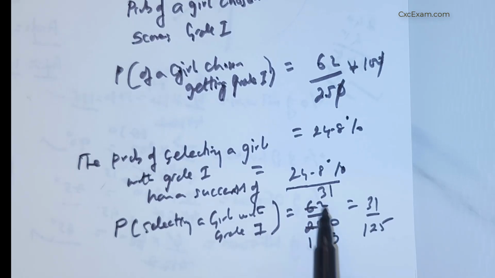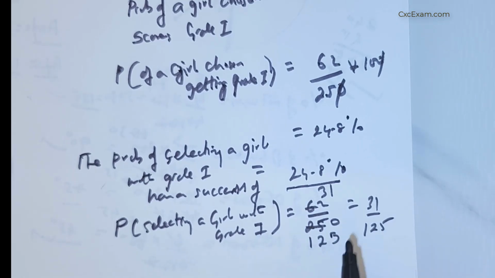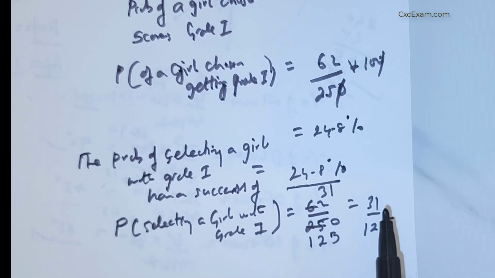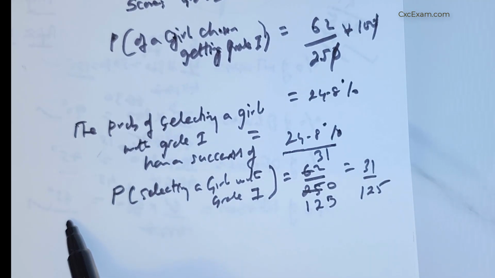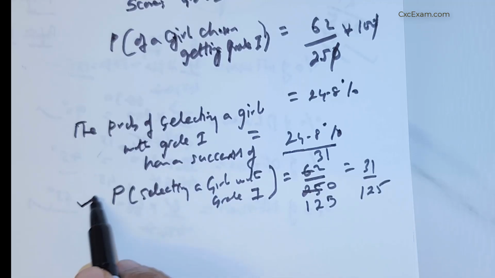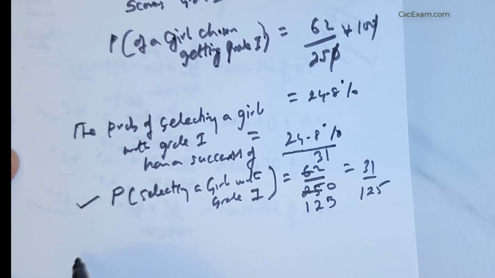So that is the reason I have represented in 2 ways. So it is up to you which way you want to represent. Since they are dealing with the probability, you can just represent it in this fashion. And let us move on.